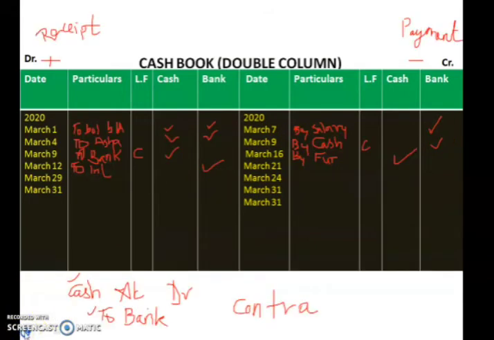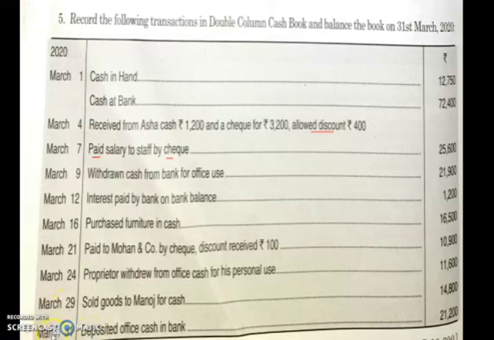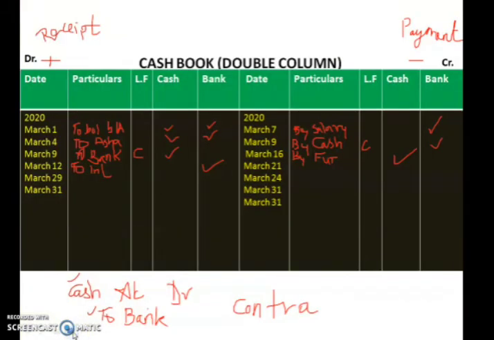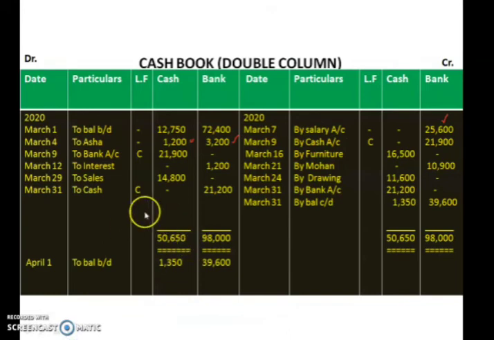The next entry is the last, March 31st: deposited office cash in bank. So from your office the cash is going to the bank. So what is the entry here? Bank will be debited to cash account.